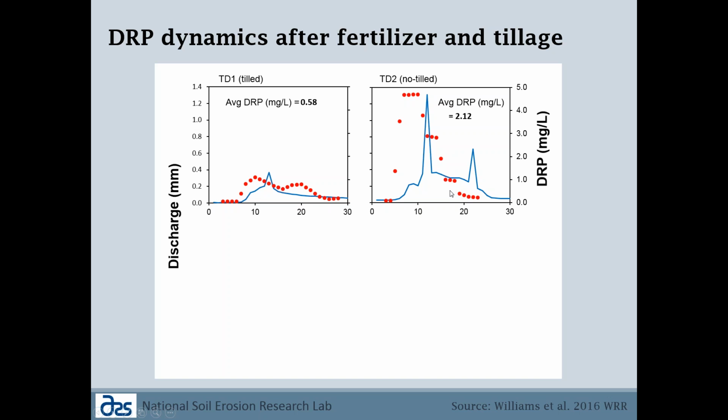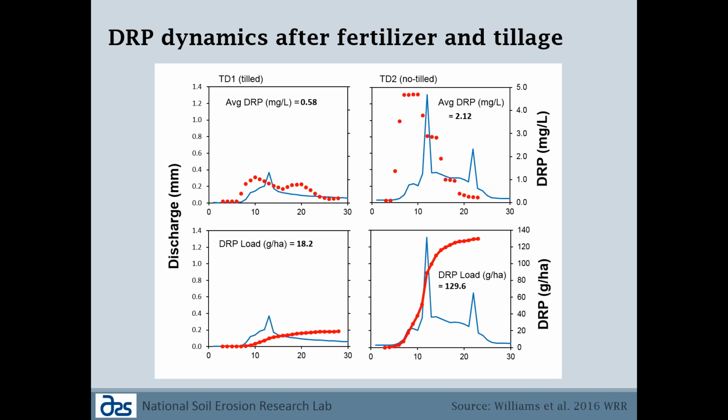And our average concentrations were 2.12 milligrams per liter. When we translate that into load, you can see there's also a difference in discharge between the tilled and no-till field. We see a large increase in phosphorus loading from the no-till field relative to the field where the fertilizer was incorporated via tillage.